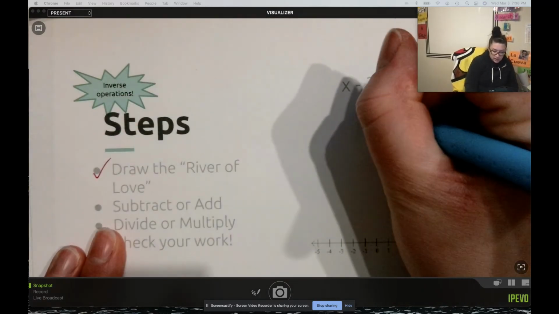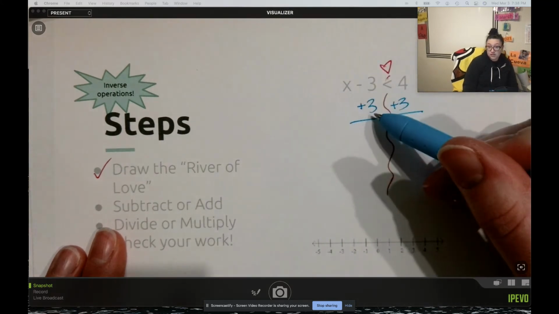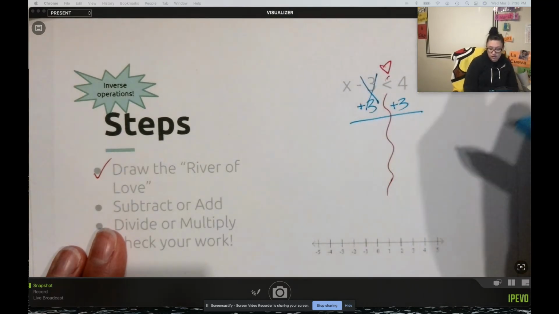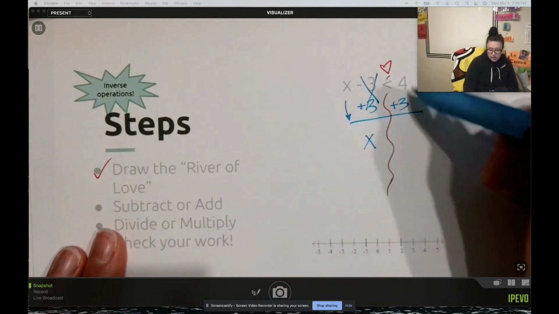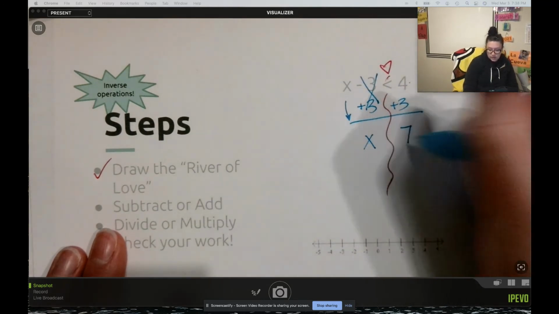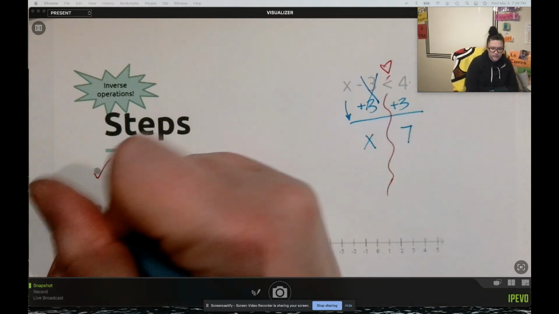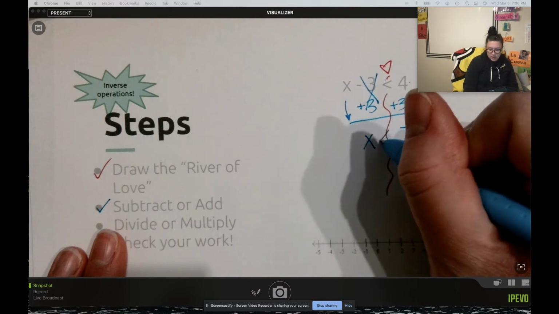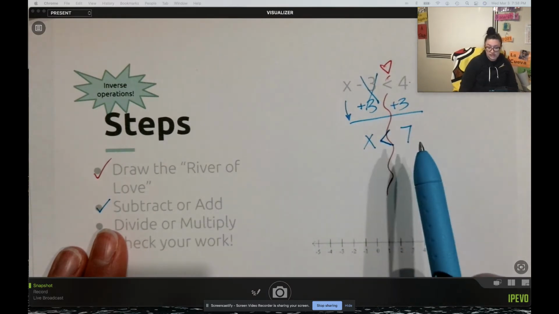Now I'm going to add 3 to both sides. A minus 3 and a plus 3, that equals 0. They go away. I bring down my x. 4 plus 3 is 7. Do I flip my sign? No, we didn't multiply or divide by a negative, so our answer is going to stay the same. We have x is less than 7.